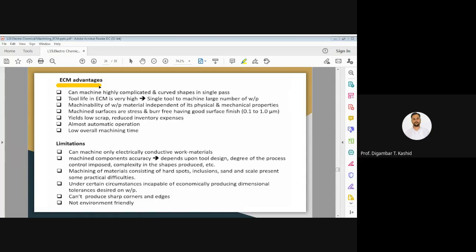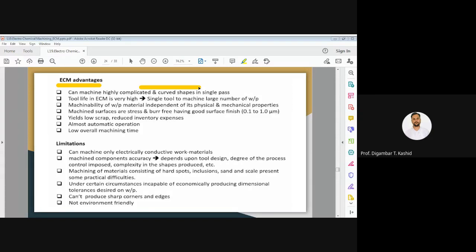The advantage of the ECM technique is that it can machine highly complicated and curved shapes in a single pass. The second advantage is that tool life in this ECM machining process is very high because there is no tool wear here.